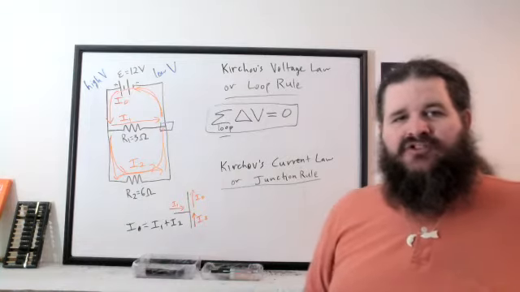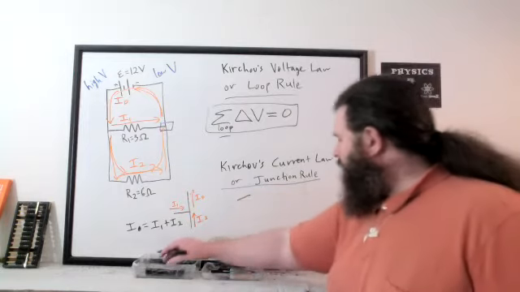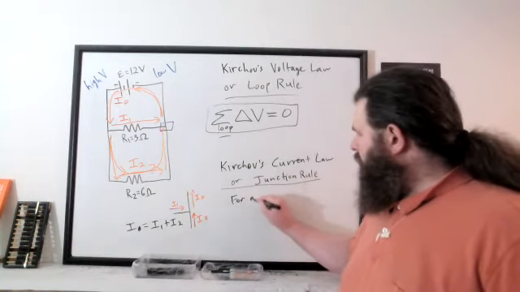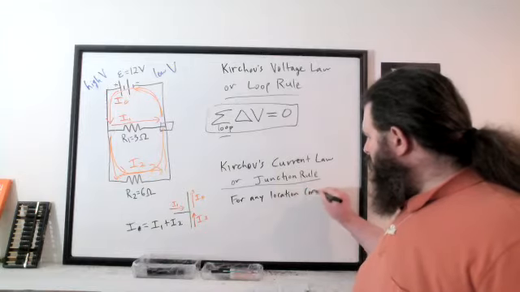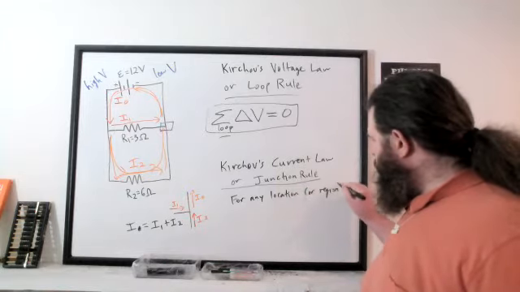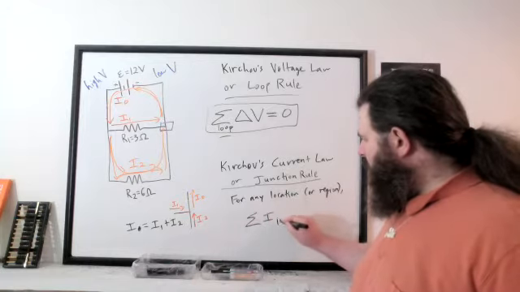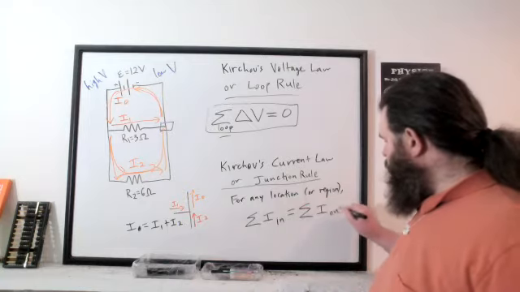We shouldn't expect charge to accumulate in some region. So for any location or region, the sum of all the current flowing in has to equal the sum of all current flowing out.